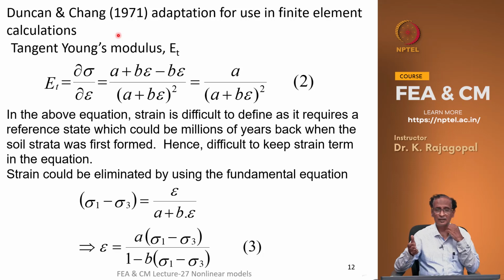In fact, finite element analysis became quite common by the late 60s. At that time people were looking at different methods of modeling the nonlinear behavior and the ultimate strength of the soil and so on.